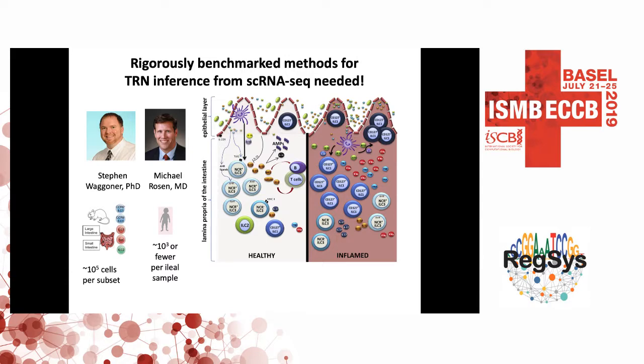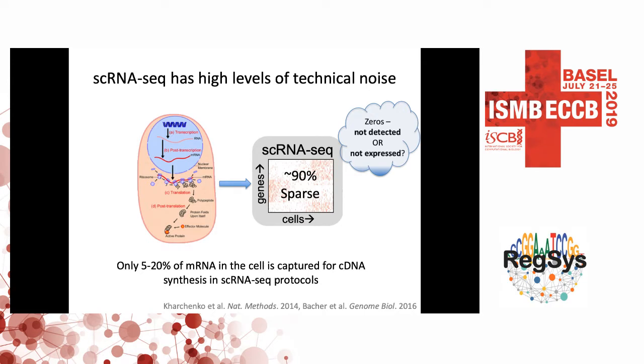As you know, single-cell RNA-seq is notoriously noisy. And I think my favorite statistic when I'm trying to explain to people is that only 5 to 20% of the mRNAs in a cell go on to be captured for cDNA synthesis in current single-cell RNA-seq protocols.